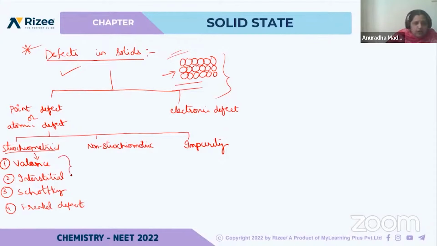These two defects occur in non-ionic compounds and these two occur in ionic compounds. The non-stoichiometric defect is also divided into two types: metal excess defect and metal deficiency defect. Let's see one by one.